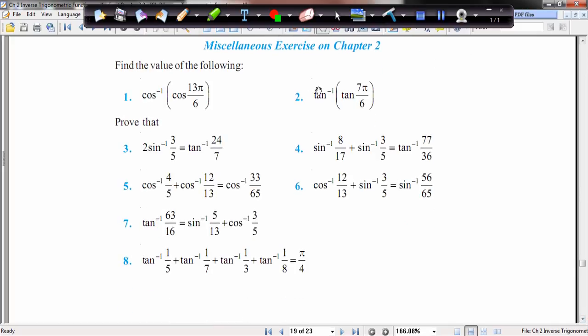So let us solve questions based on the miscellaneous exercise, that is exercise 3 on inverse trigonometric functions. The first question is cos inverse of cos of 13 pi by 6.